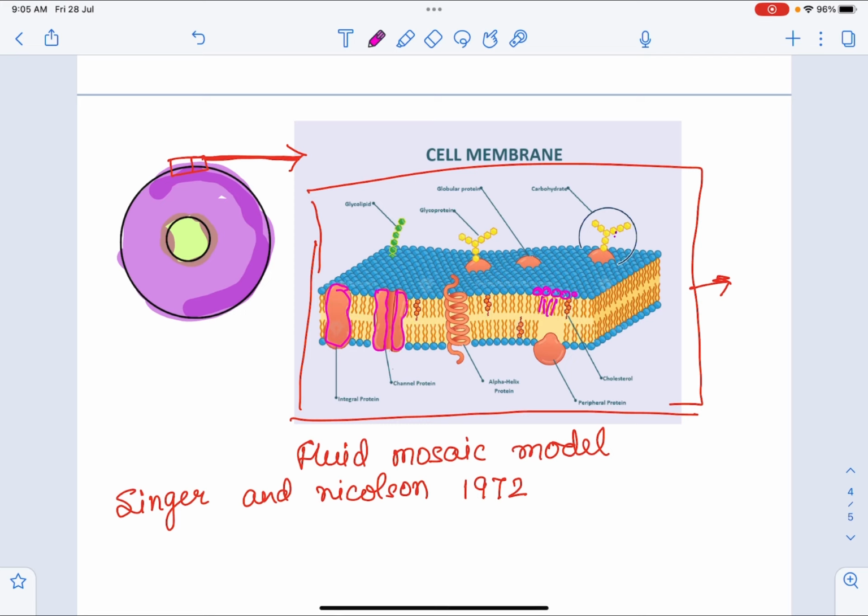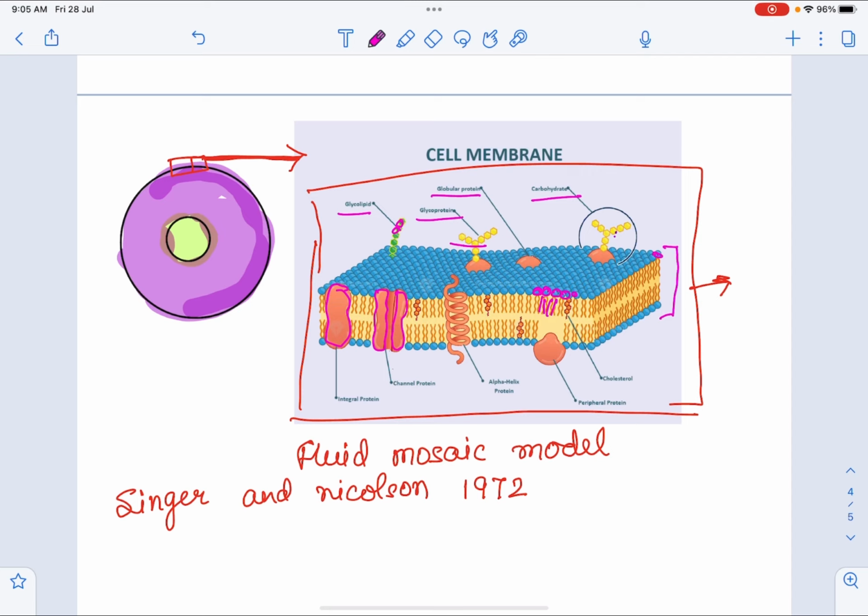Here, this is glycolipids and this is glycoproteins. Carbohydrates and globular proteins are present in it. The ratio of protein and lipids varies in different cells. Majorly, you can see the lipids are arranged in a bilayer, which means two layers of lipids are arranged.